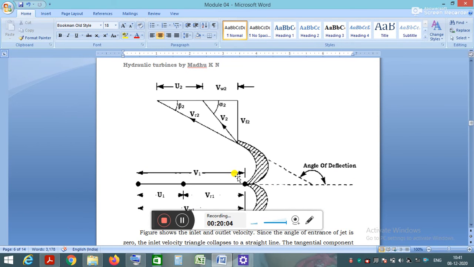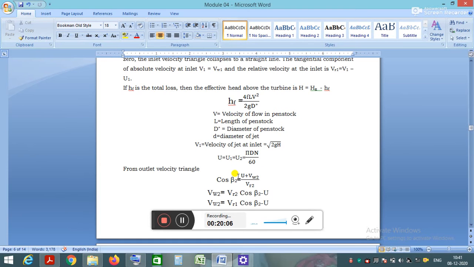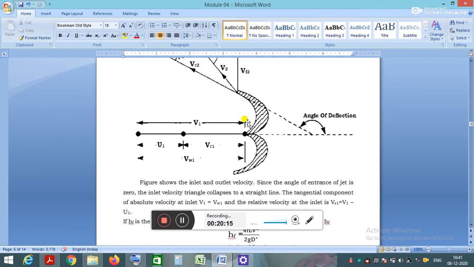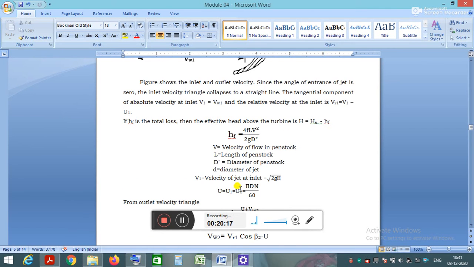Pelton wheel is an impulse turbine, and the blades are symmetrical here. Therefore, for an impulse turbine, the blade speed at the inlet is equal to the blade speed at the outlet. U1 is equal to U2.